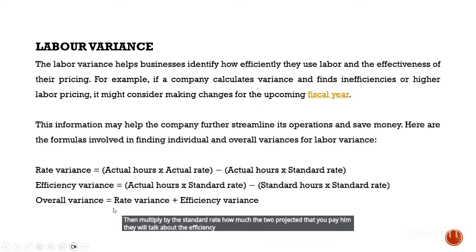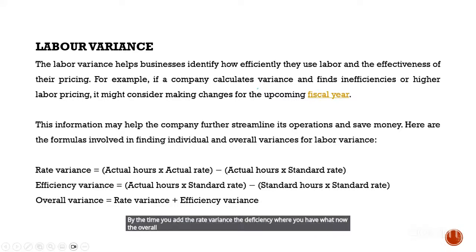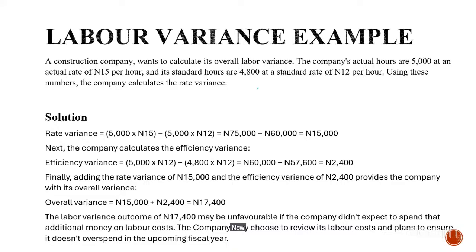You say the actual hour multiplied by standard rate, then subtract the standard hour multiplied by standard rate. By the time you add the rate variance plus the efficiency variance, you have what? The overall variance.